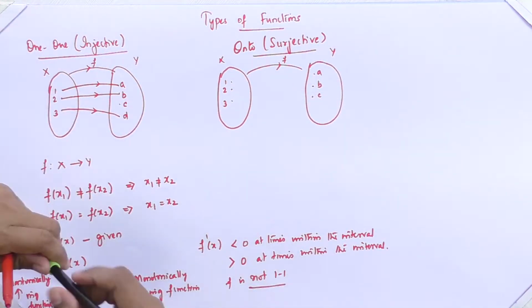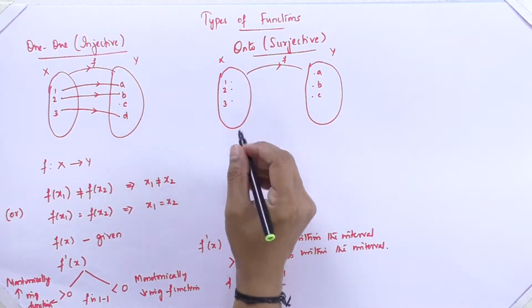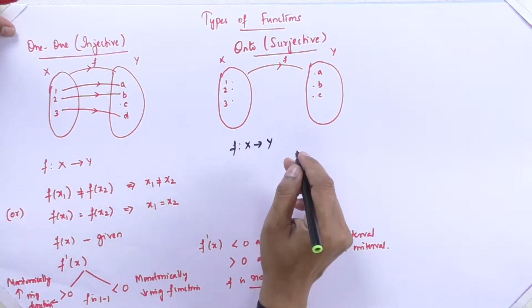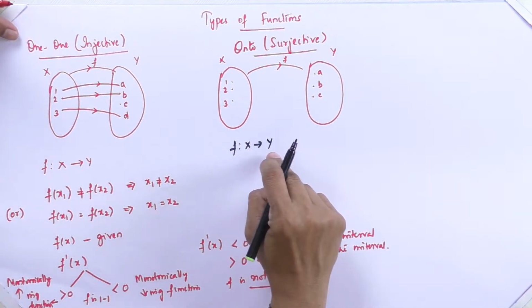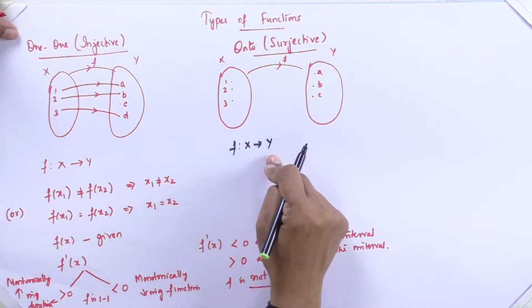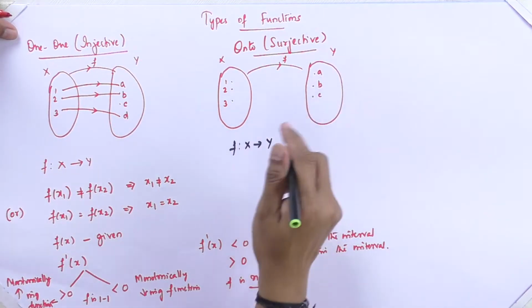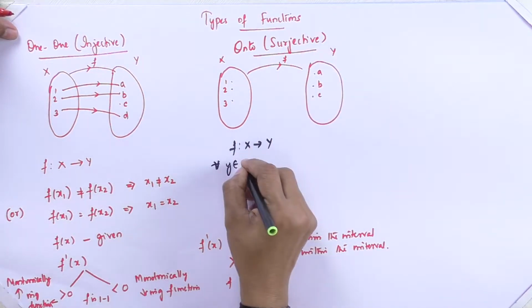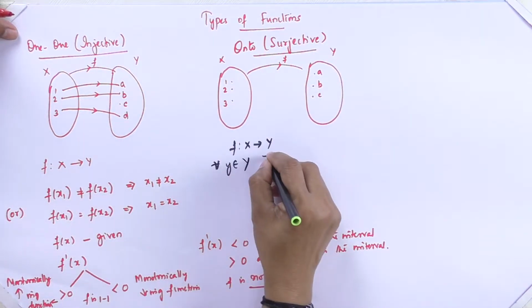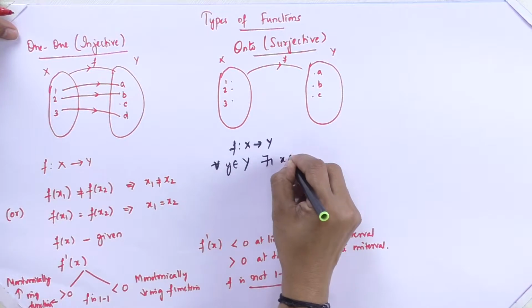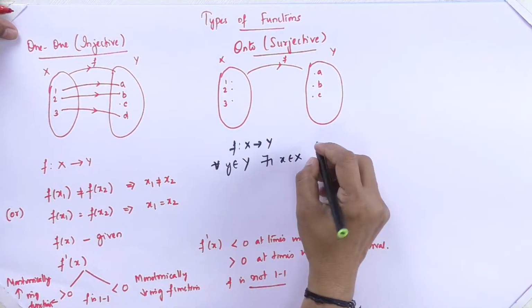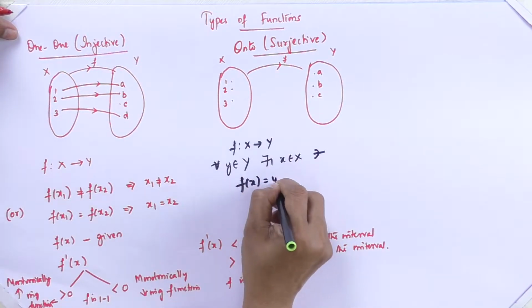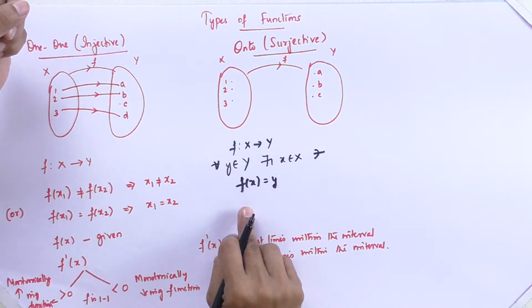Now the function f from X to Y is said to be onto, and there are many ways of saying this, if for each and every element y in my codomain set Y, there exists an element x in the domain set X such that f of x is equal to y. So this is one way of defining the onto function.